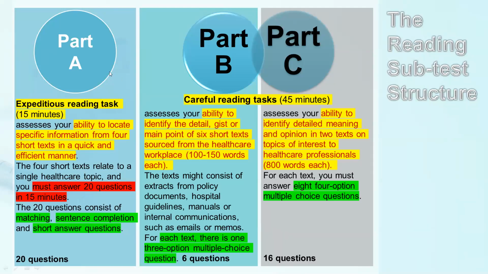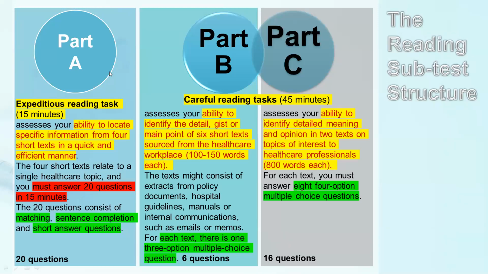In reading Part A, you will have an expeditious reading task, which is very fast, in 15 minutes only. This part assesses your ability to locate specific information from 4 short texts in a quick and efficient manner.